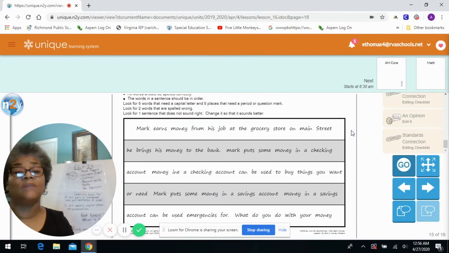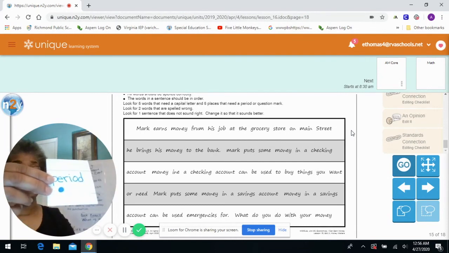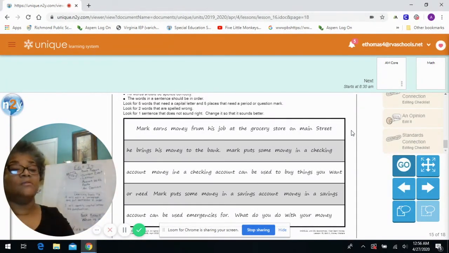Make sure that you have a complete thought for your sentence, and you use the punctuation, your period, your question mark, and your exclamation point. Make sure you use those and you use your commas.